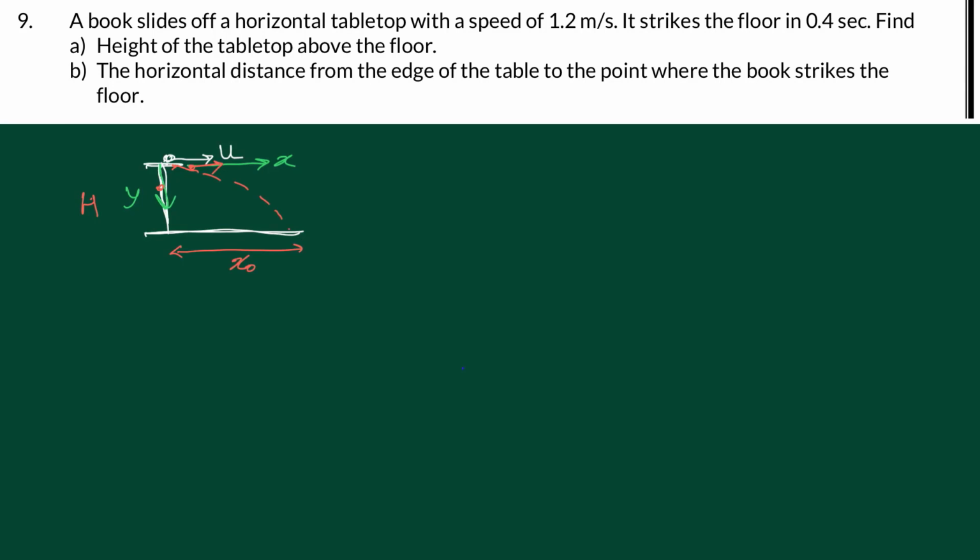Now let us write equations. Along x, that is x naught, should be equal to u into t naught, if the time taken is t naught. Mention it here, time taken is t naught, and h equals, initial velocity along the y-axis is 0, acceleration is g, h equals half g t naught square.